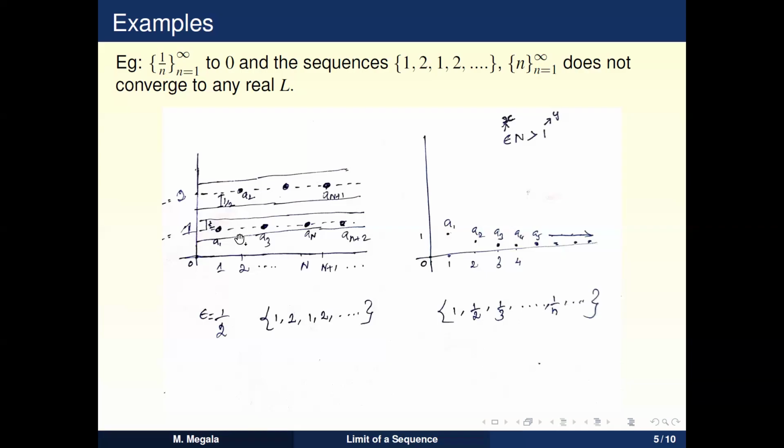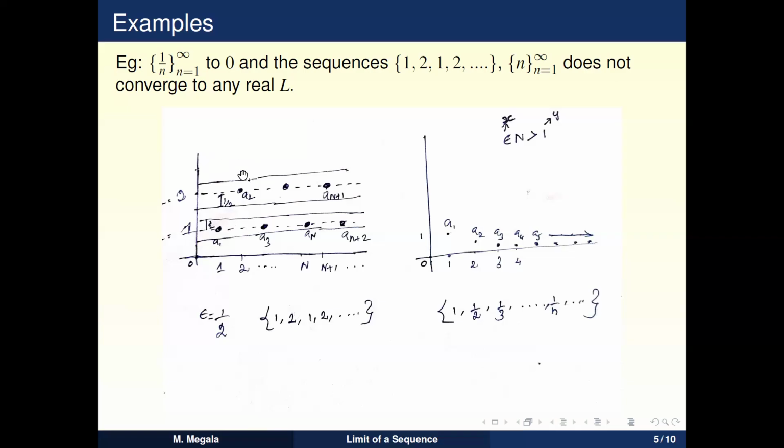Any real number. The sequence converges means what? Its elements should be close to some L, right? We know these ones are here and here. Other than 1 and 2, if I take any real number, it will not be a limit. Why? If I take a point here, the distance between 2 and this point is smaller than 1.